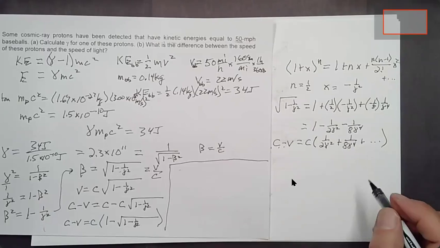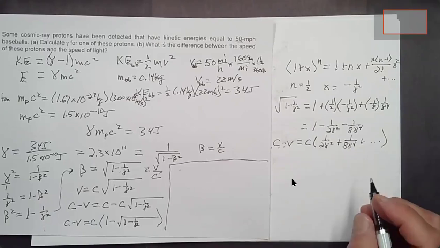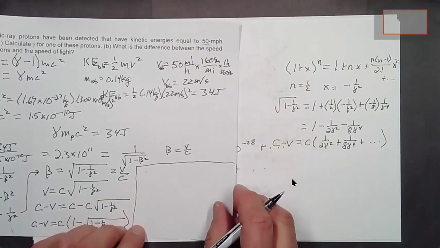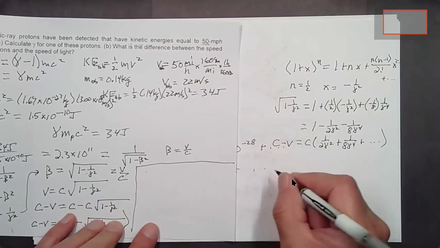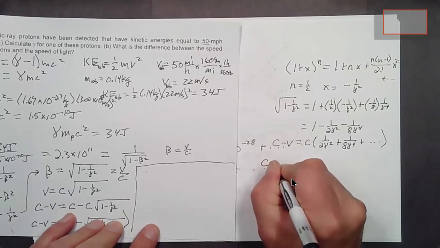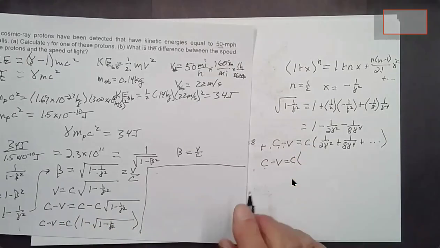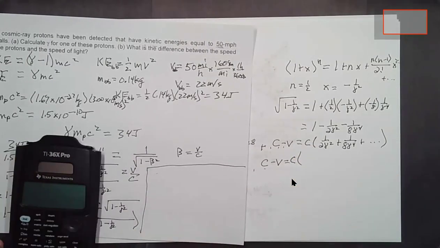So let's go ahead and figure out what those are going to be. I guess I've got room. c minus v is going to equal c times, okay, 1 over 2 gamma squared.